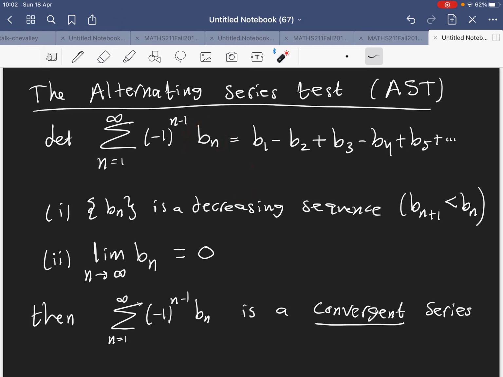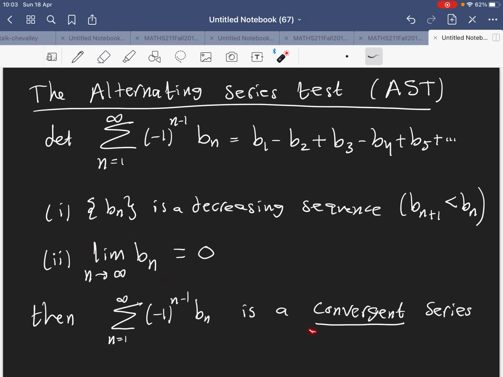It means that with time, the numbers of Bn get smaller and smaller. That means every term is larger than the next one. And then the limit must be 0. So they are getting smaller and smaller, and the limit is 0.